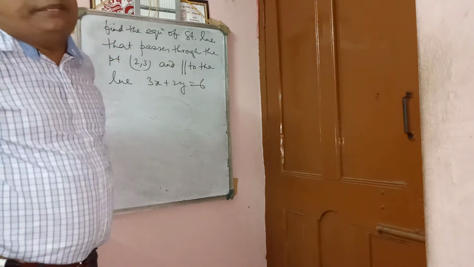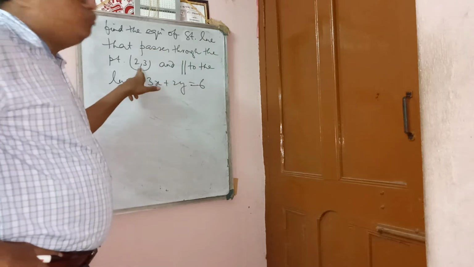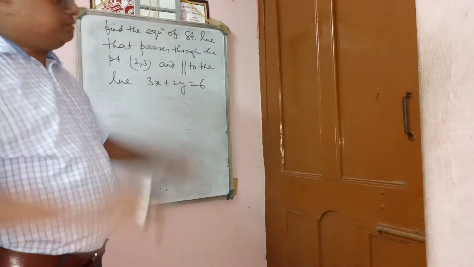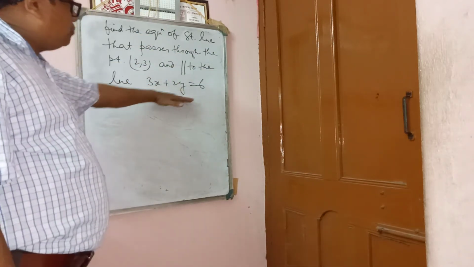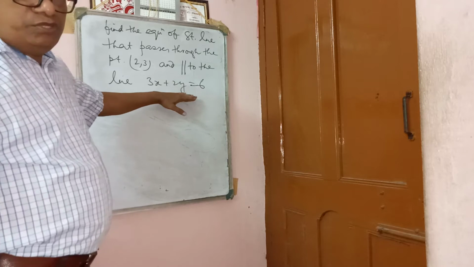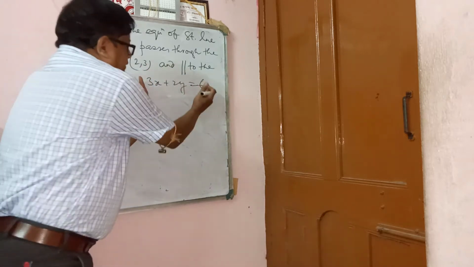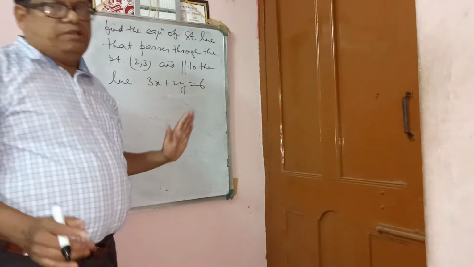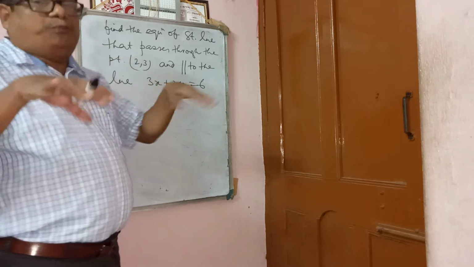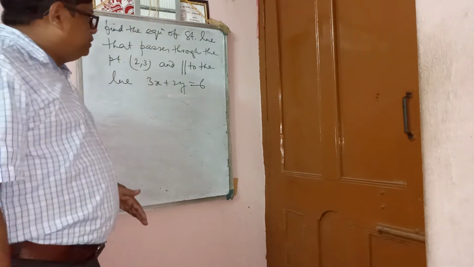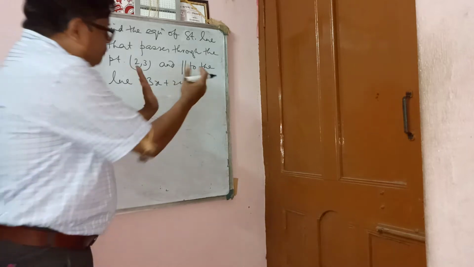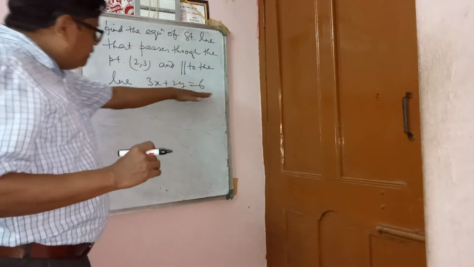Find the equation of the straight line which passes through the point 2, 3 and parallel to the line 3x plus 2y equal to 6. Suppose this is the parallel line; then the gradient, its slope, is equal, and whatever equation you obtain, the required equation's slope is also the same. So first find out its slope, its gradient.